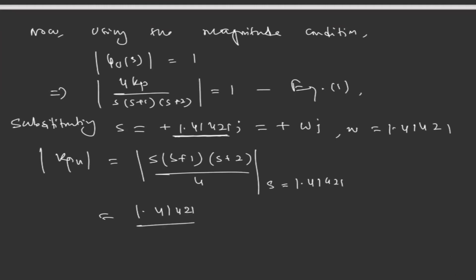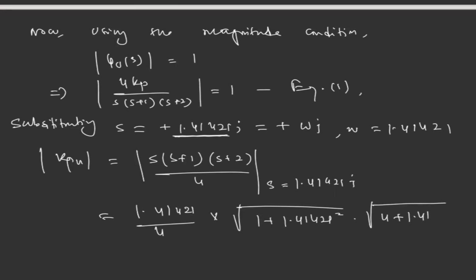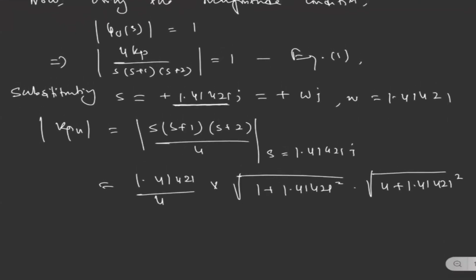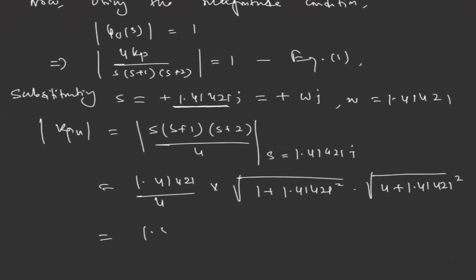If we substitute this value, the magnitude is 1.41421 times the square root of 1 plus 1.41421 squared, times the square root of 4 plus 1.41421 squared, divided by 4, and after simplifying the value is 1.5.